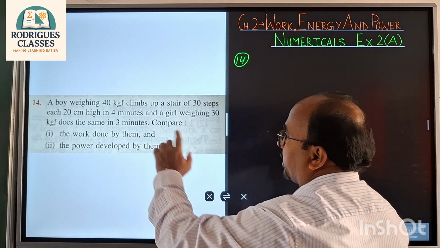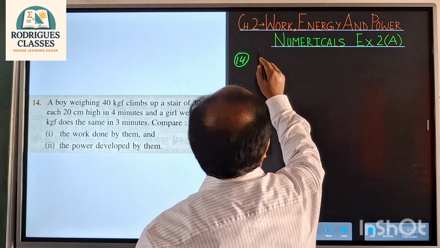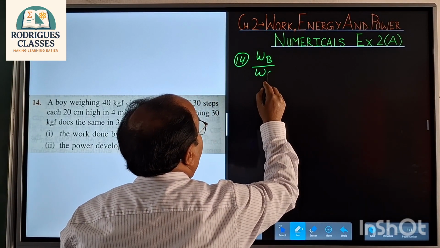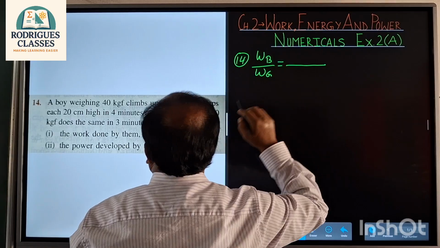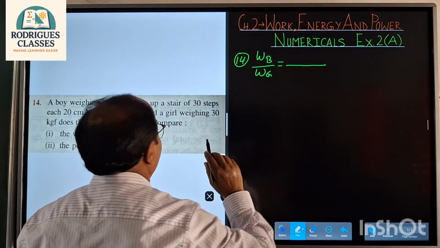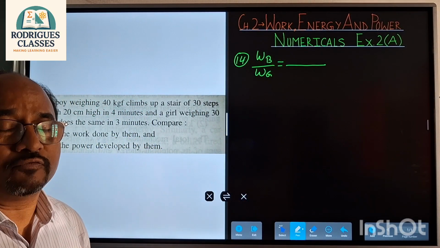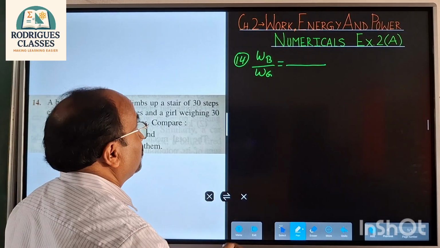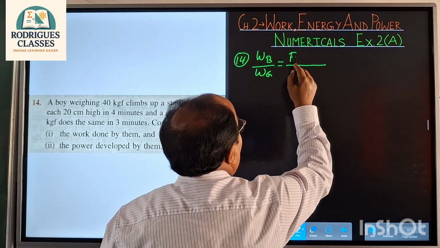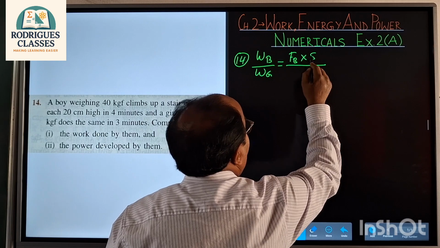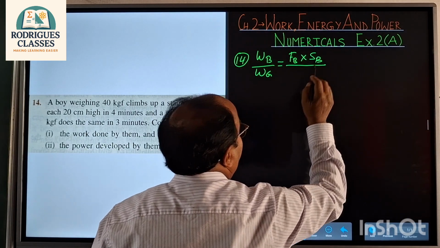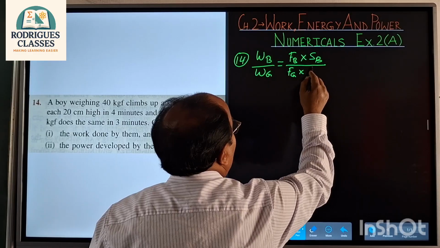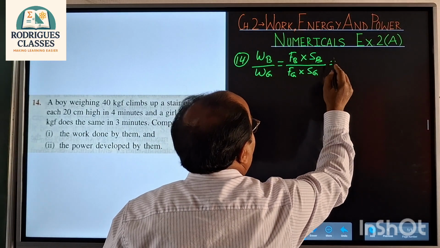So one is a boy and the other is a girl. I am writing here work done by the boy divided by work done by the girl. The weight of the boy itself, in a way, is the force involved over there. So I will write force of the boy, that is the weight, into the displacement done by the boy, and force of the girl into the displacement of the girl.